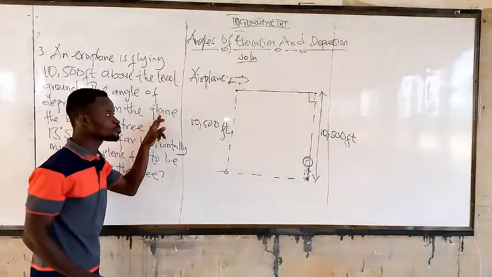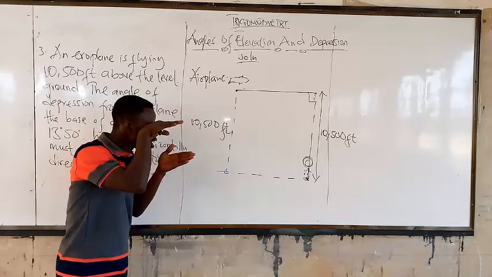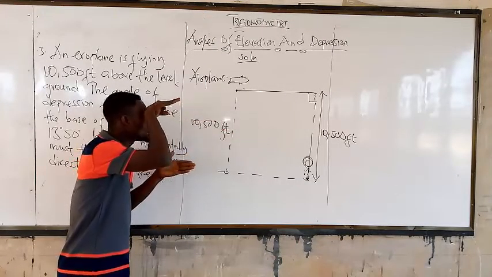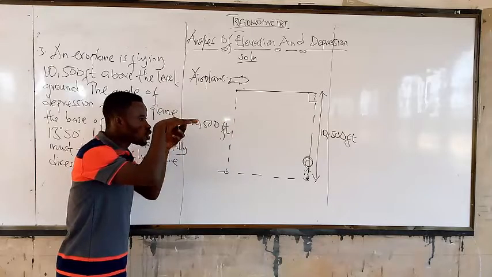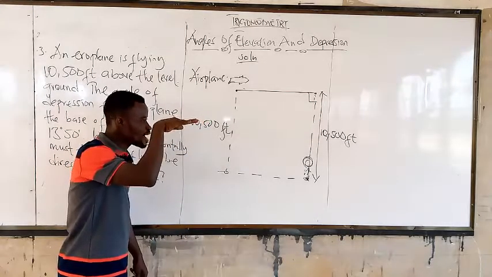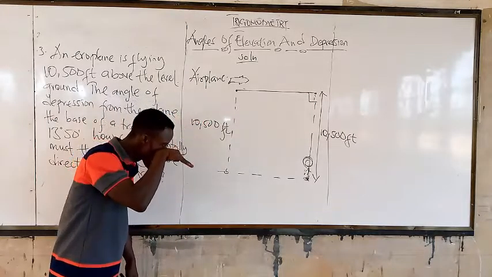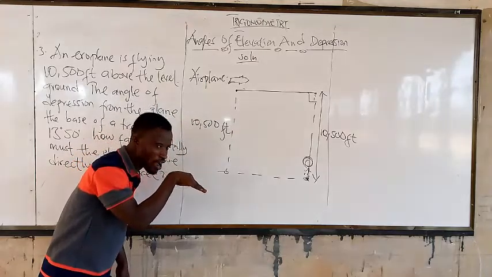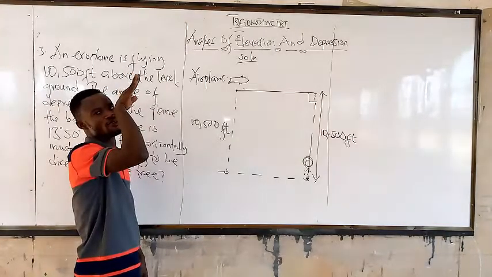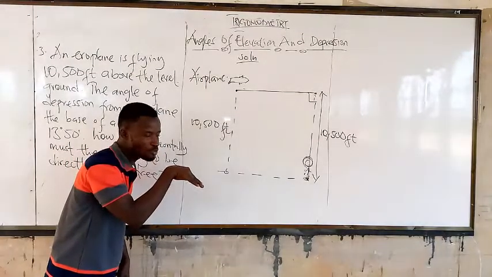And we know that depression is when this is the horizontal line, alright? So depression is when you look below the horizontal line. Above will be elevation, so below will be the depression.